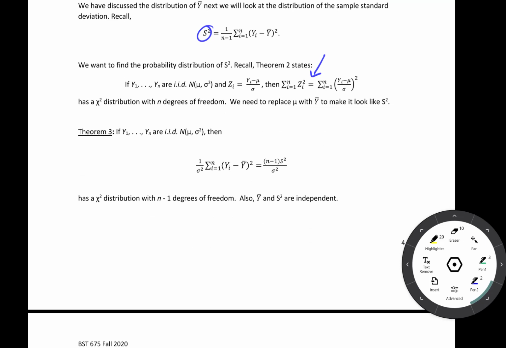If y1 through yn are IID normal with mu and sigma squared, then 1 over sigma squared times the sum i equals 1 to n of yi minus y bar squared, which is n minus 1 times s squared divided by sigma squared, has a chi-squared distribution with n minus 1 degrees of freedom. You can also show that y bar and s squared are independent of one another. Next, we're going to look at how we could use this information.